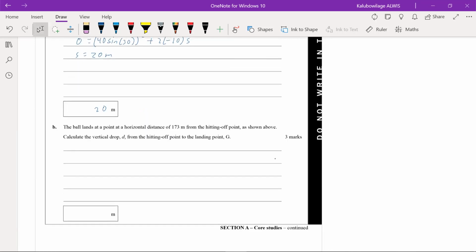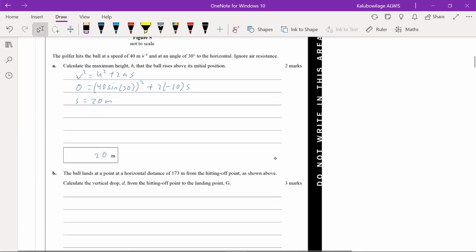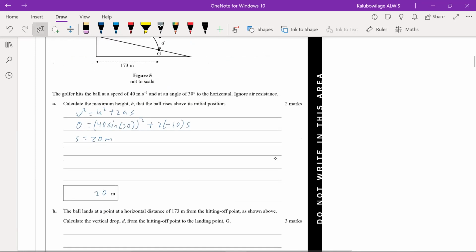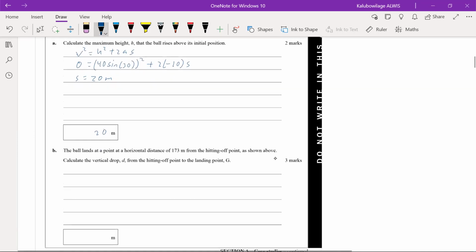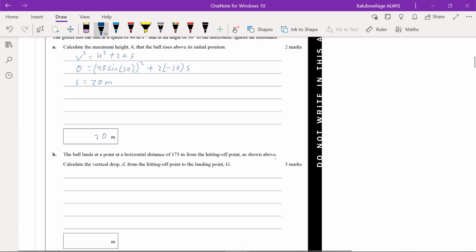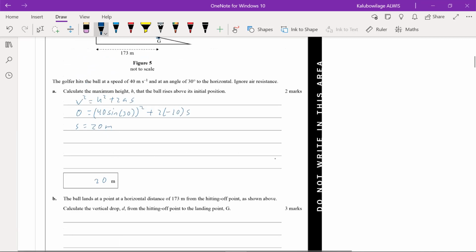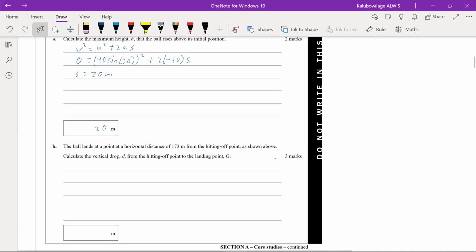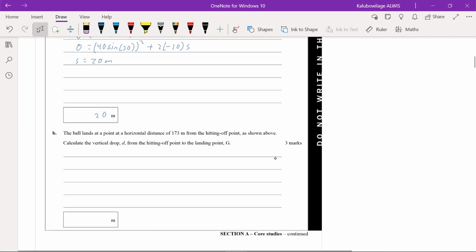Again, the ball lands at a horizontal distance. The hitting-off point is shown because of the vertical drop. So finding d. We can find the time taken for it to travel the horizontal distance.